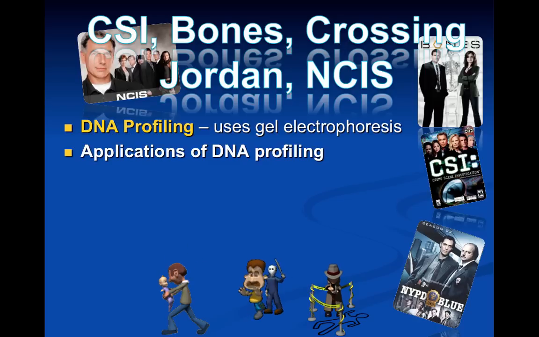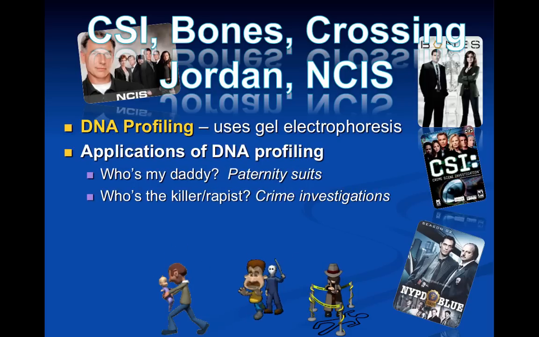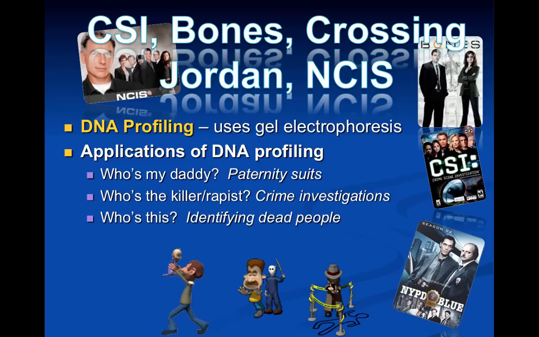If there's a match, that could be a paternity test. It could be to identify a killer or to help solve other types of crimes as well. Who's my daddy? Paternity suits, the killer or the rapist, if they're comparing various types of DNA samples for crime investigations, and also for identifying dead people.